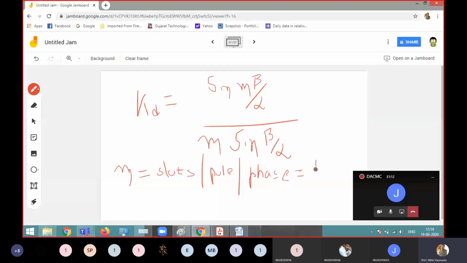Now what is beta? Can anybody give me the concept of beta? Beta is the phase spread angle. It is 180 divided by the number of phases.